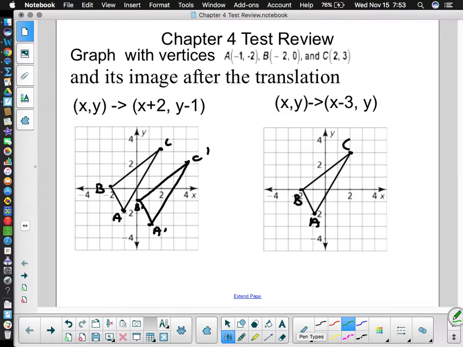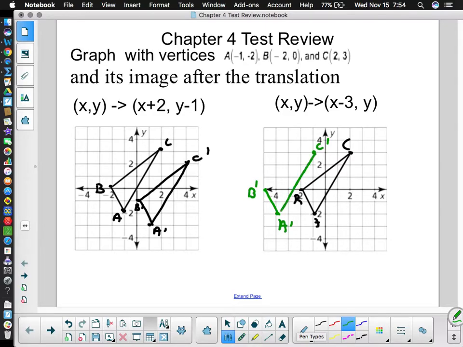Everything's going what direction? Left 3, up and down, none. So every point's just left 3. So C prime right there. B prime left 3 right there. A prime left 3.